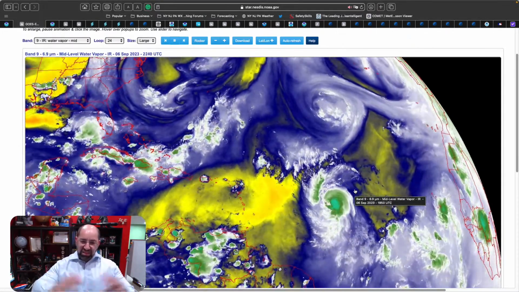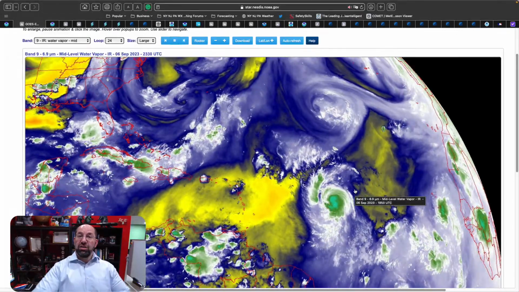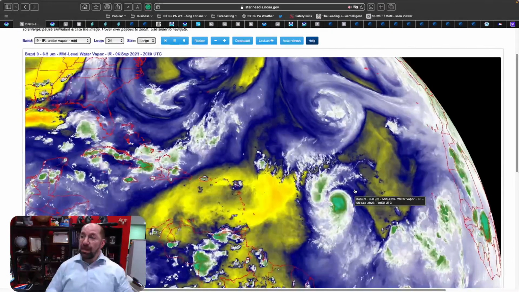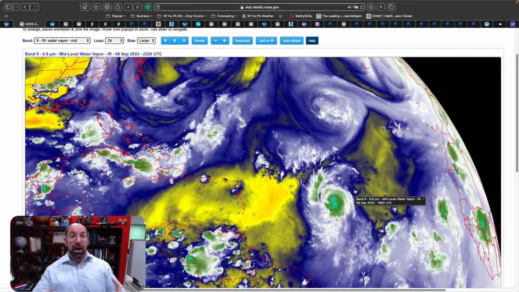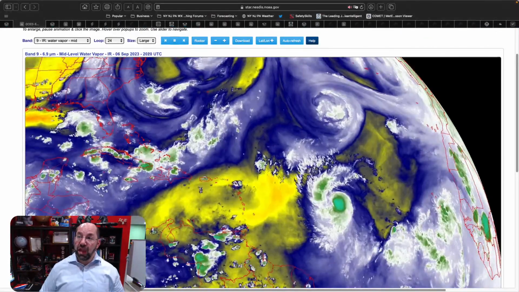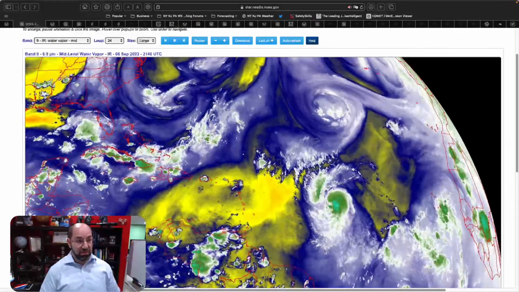Well, this expansion, this transport of latent heat energy being pulled, sent away from the core of the hurricane, builds up height somewhere else. And for every reaction, there's an equal and opposite reaction.